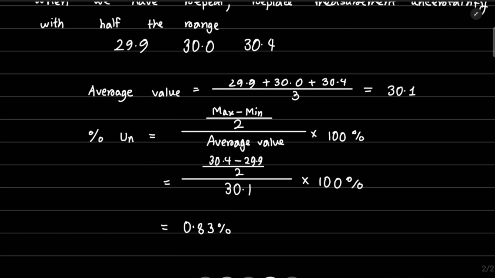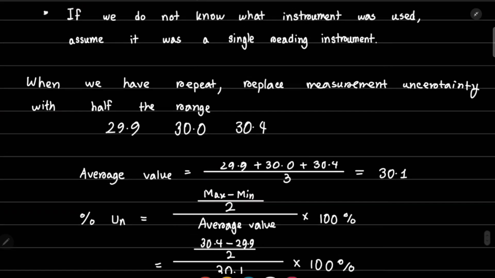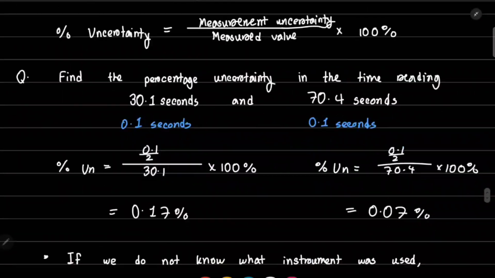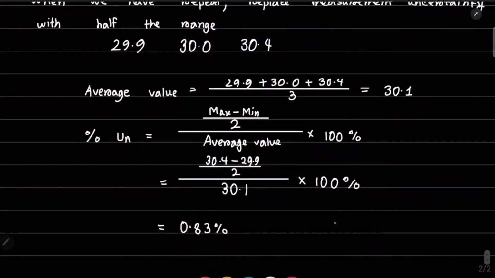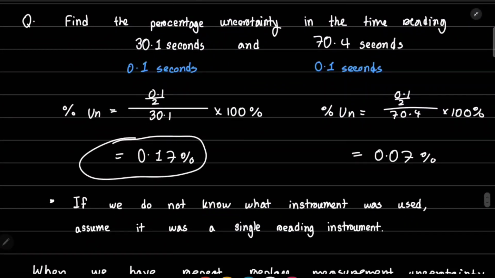Now, if the repeat readings were like this, so all of the values were 30.1, in this case the measurement uncertainty would be 0 if I use this formula, since the range will be 0, the maximum minus minimum value is 0. So in cases like this, if I have repeat values that are giving us a small percentage uncertainty, I'll have to go back to this.